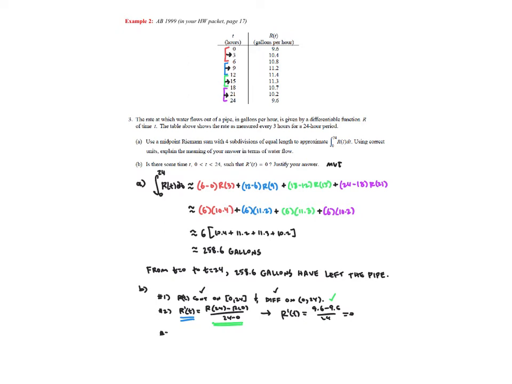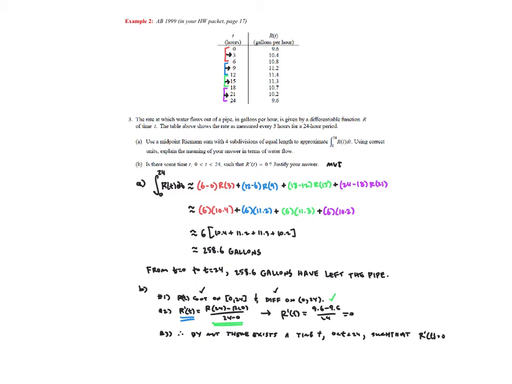Thus, in the third step of that checklist, you could say, therefore, by the mean value theorem, and I'm really just restating the question, there exists a time t, lowercase t, where t is between 0 and 24, such that r prime at t equals 0.